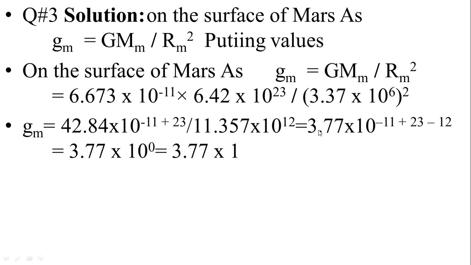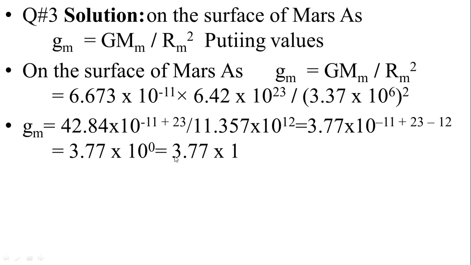Now the final answer becomes 3.77 multiplied by 10 raised to the power minus 11 plus 23 minus 12, which is equal to 3.77 multiplied by 10 raised to the power of 0, since plus 23 and minus 23 become 0, and 10 raised to the power 0 is equal to 1.